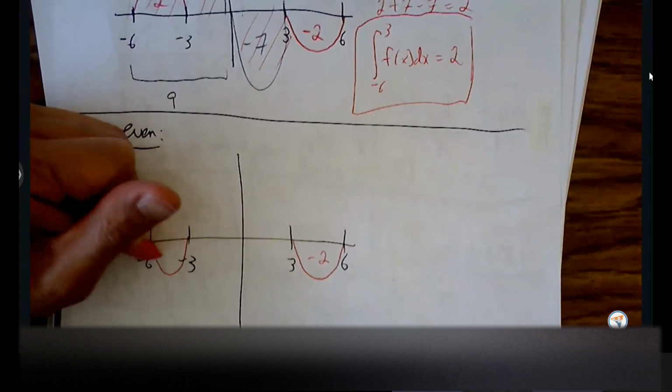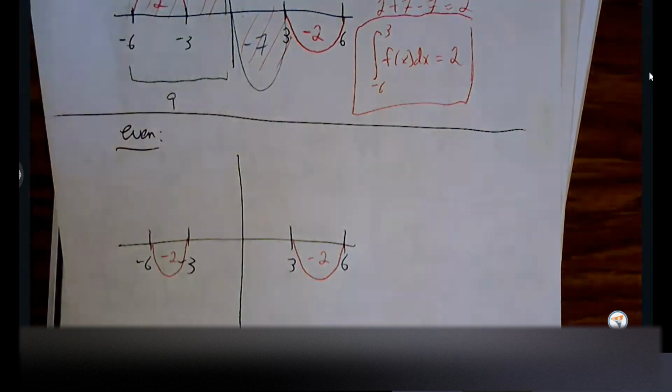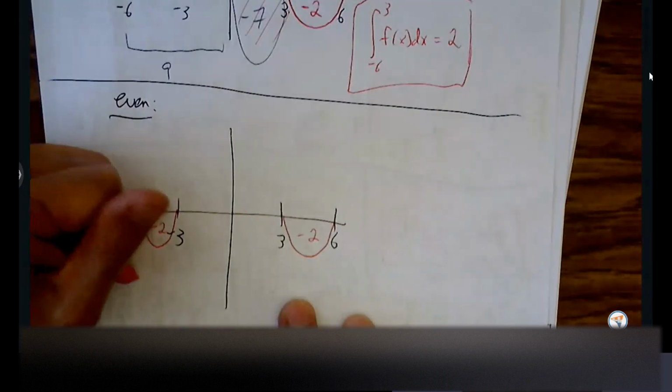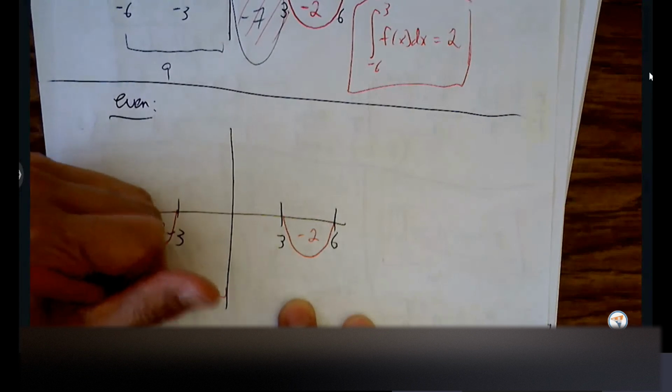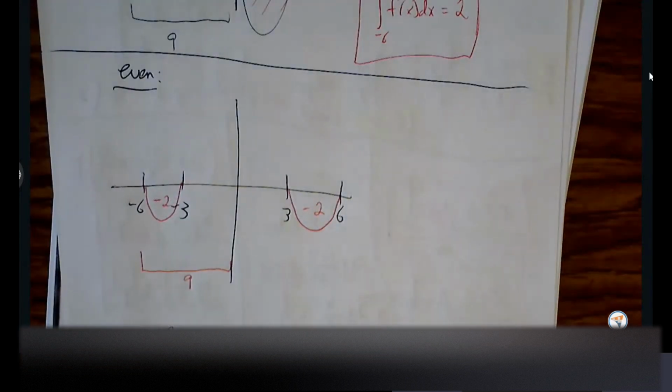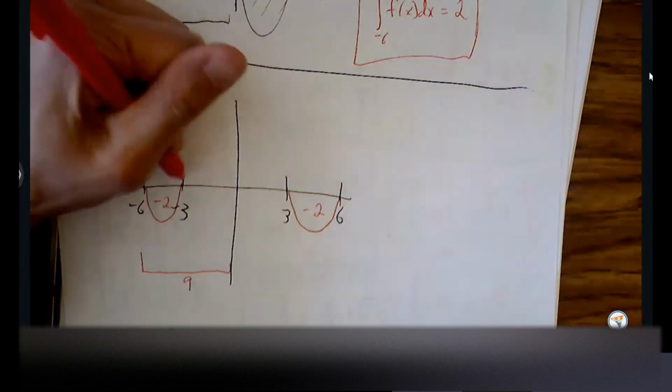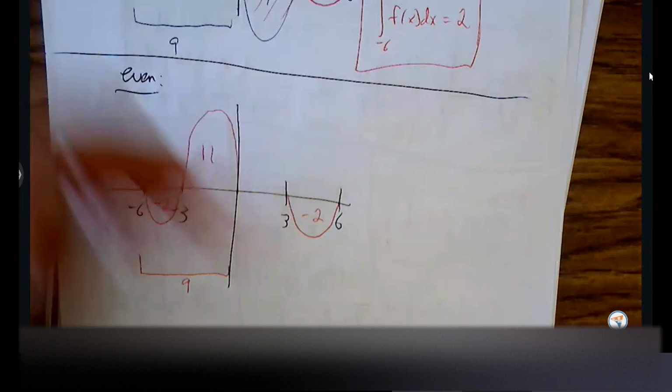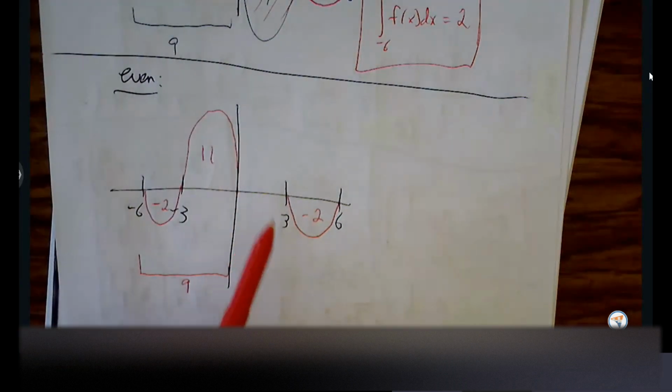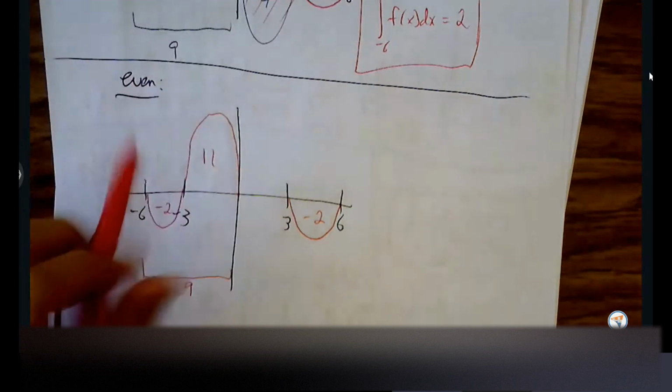Yeah. And let's say we're also told the same information, that the region is going to total to be 9. So what can we fill out? Oh, positive 11. Good. How about this side? That would also be positive 11. Good. Even, right? So we're creating some mirror image.